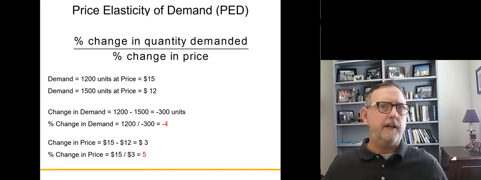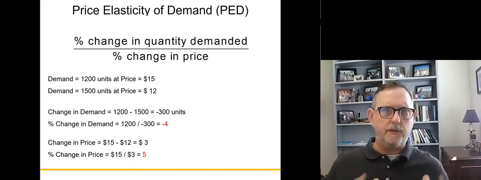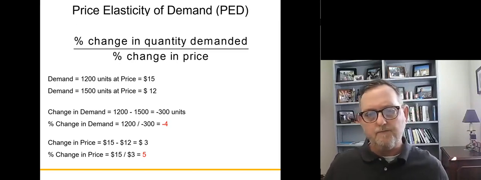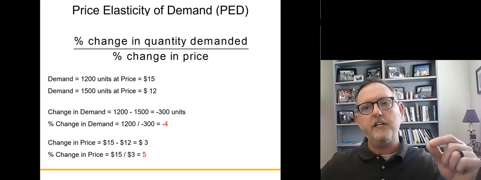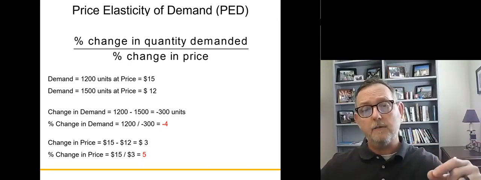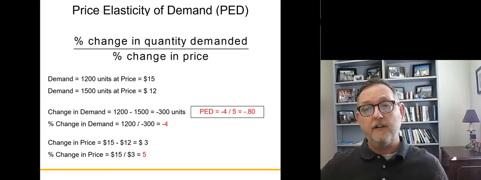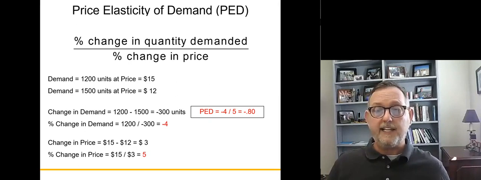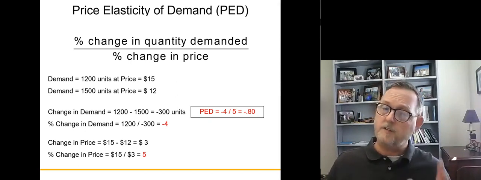That'd be 500%, just if you were going to do this with decimals and such. All right, so we have our percent change in quantity demanded, minus 4, divided by 5, and we have a price elasticity of 0.8, and there's a negative sign in there.